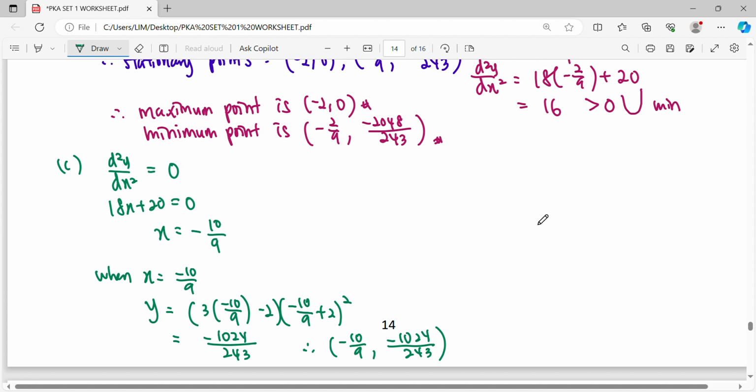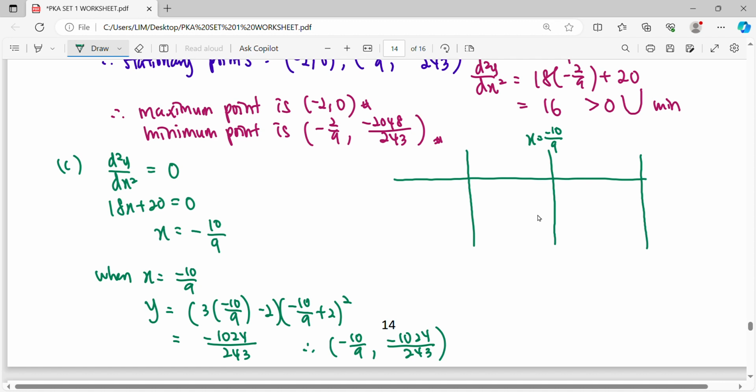So find out your interval first. Your x is around negative 10/9.